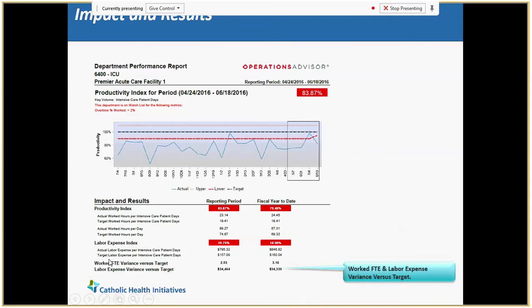So when we compare that targeted hours per unit to the actual dollars per unit, that will give us a labor expense index. So it gives you a little bit of an indication of how well you're doing financially as opposed to just on an hours basis. So none of the action plan criteria are based on labor dollars at this point, but it does just give you another perspective.